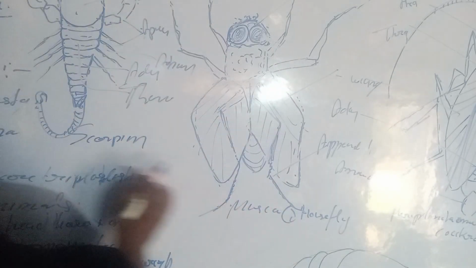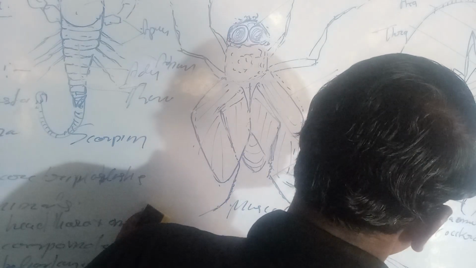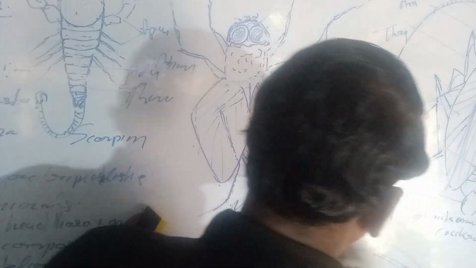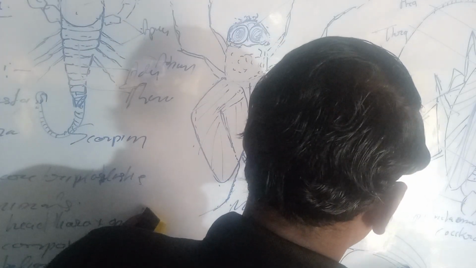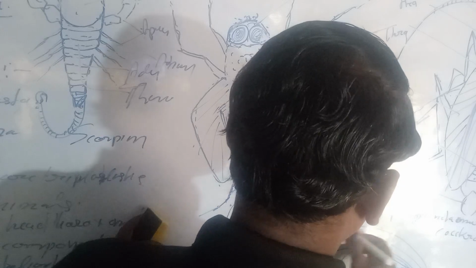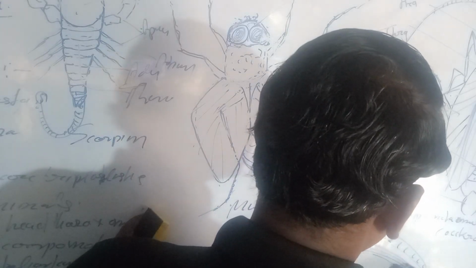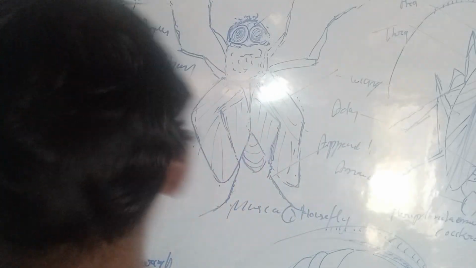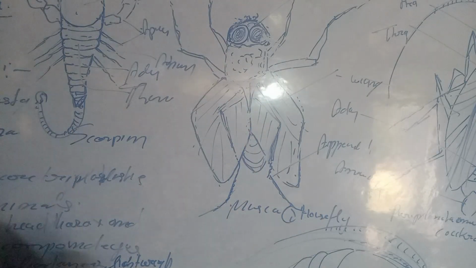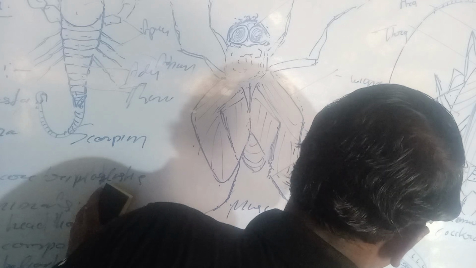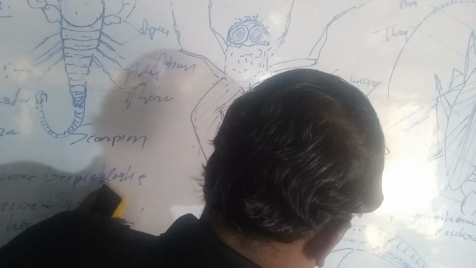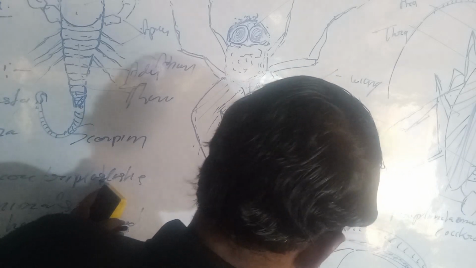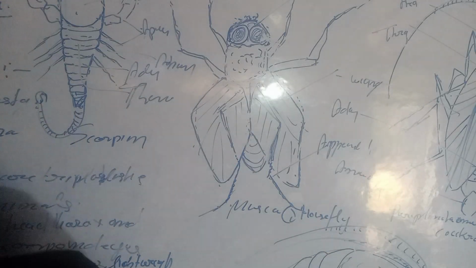If we look from here, we will find structural features that can be drawn here, and these are the structural features of the prawn. And these are the legs, and also here are the legs, and another part is also available here. These are the Palaemon prawn and the structural features we have drawn here.